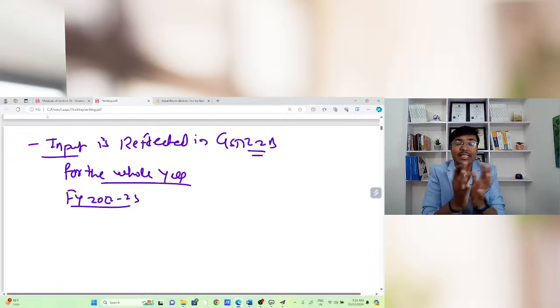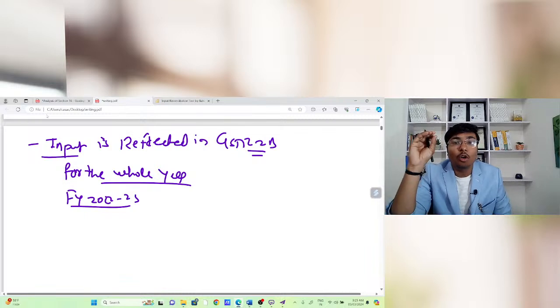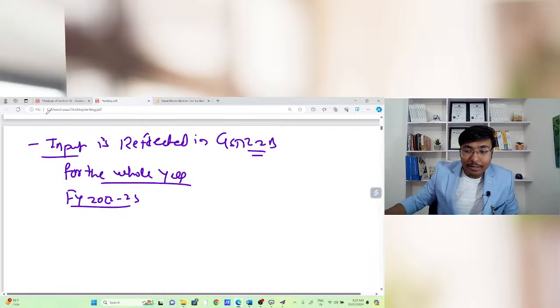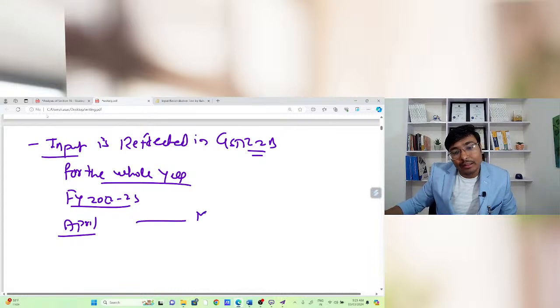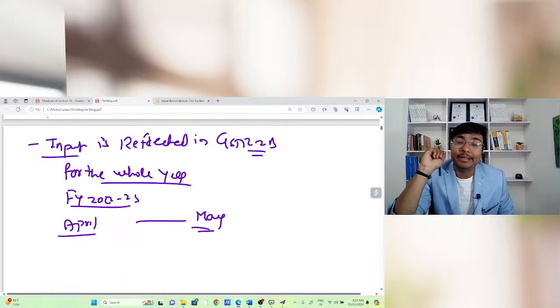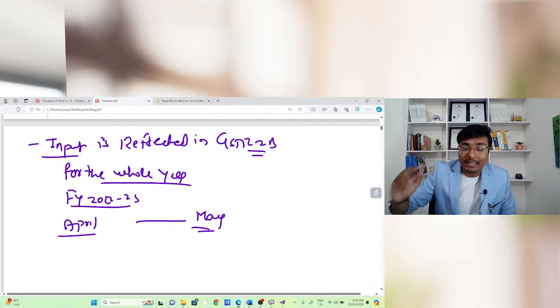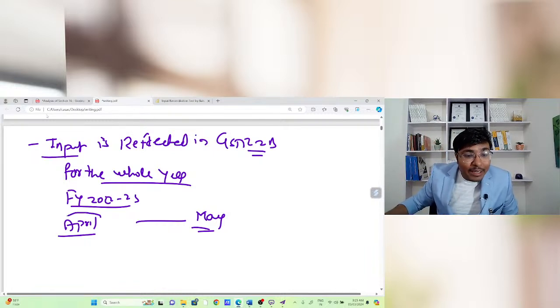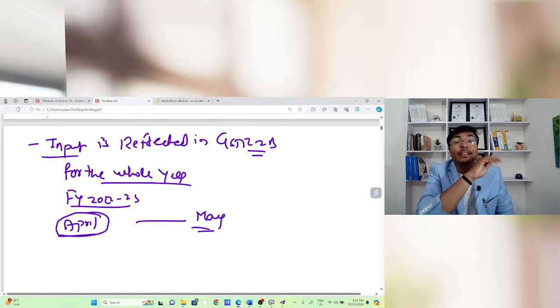When you check that reconciliation, if any input tax credit related to April month is reflected in the May month, the same will be reconciled for the whole period.